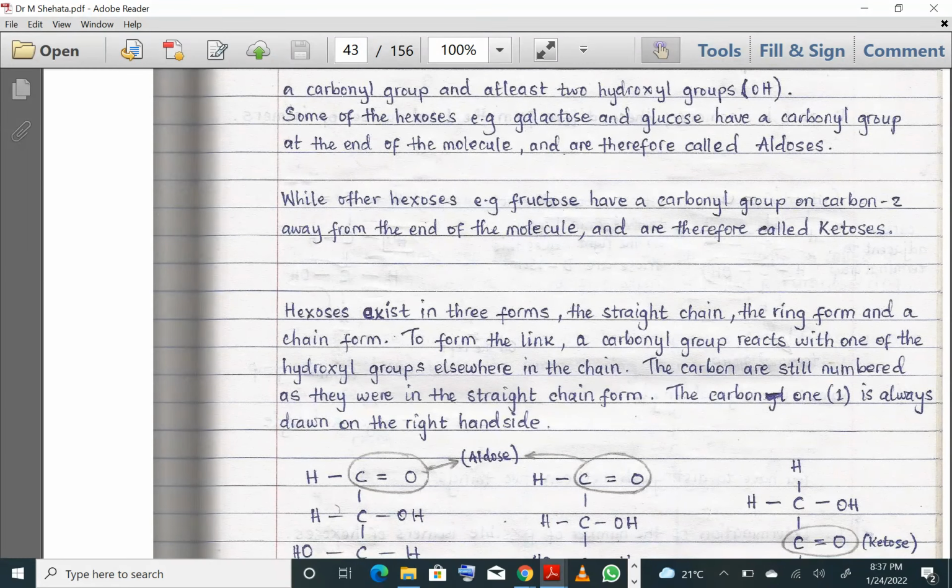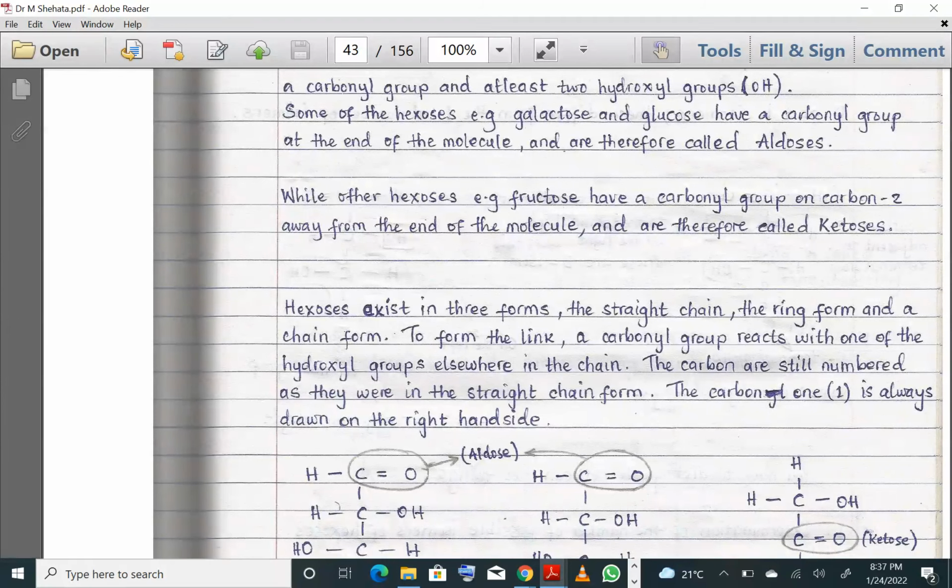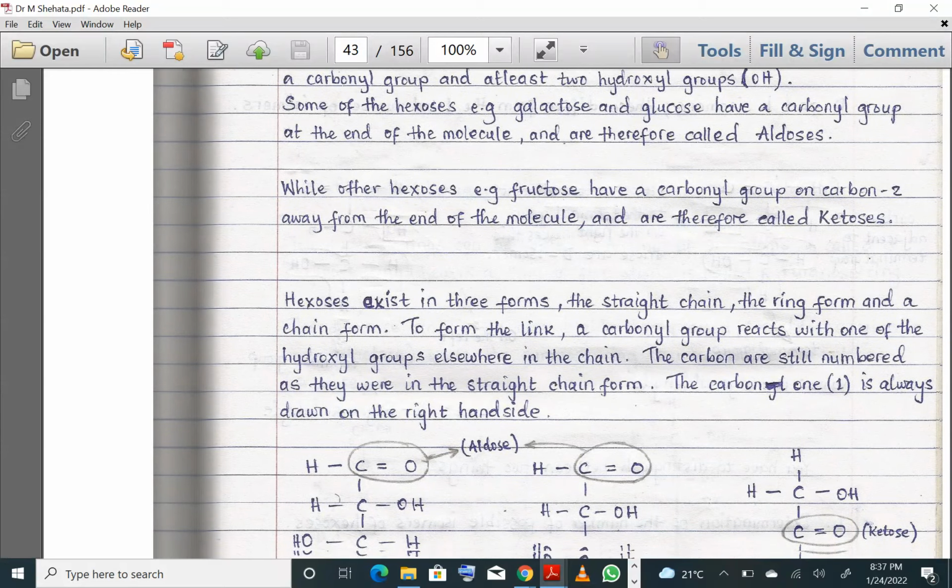It makes sense, right? Generally, aldehydes can exist. They can have 2 functional groups, both aldehydes, but that will no longer be a monosaccharide, because these things, a carbonyl group and at least 2 hydroxyl groups, have to be there for us to say this is a monosaccharide.